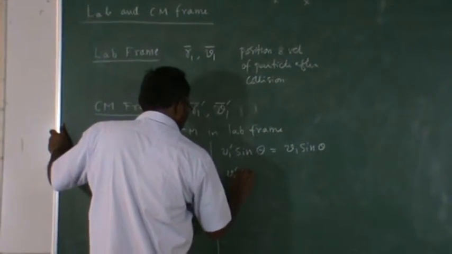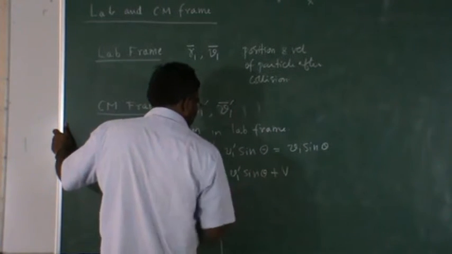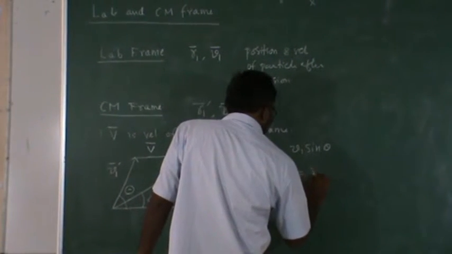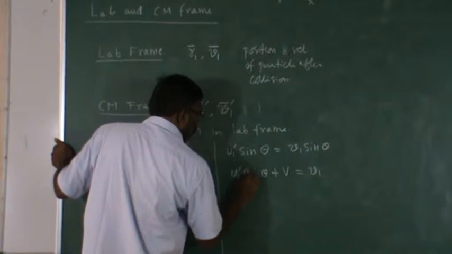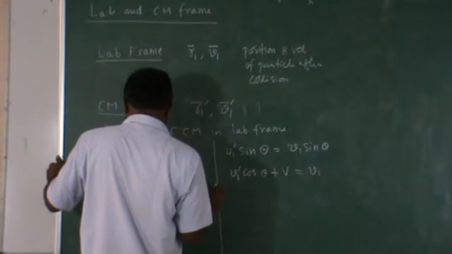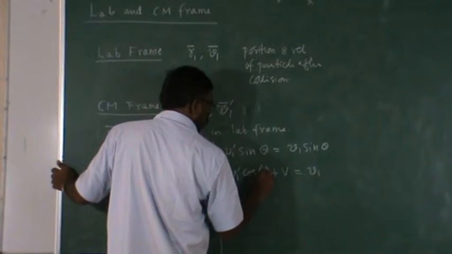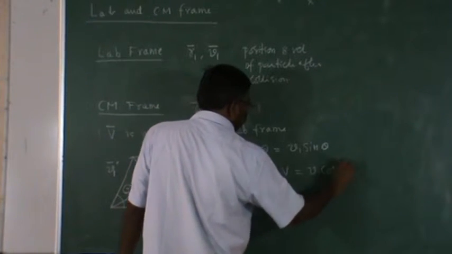V1 prime cos capital theta plus V, which is completely horizontal, is equal to V1 cos small theta.